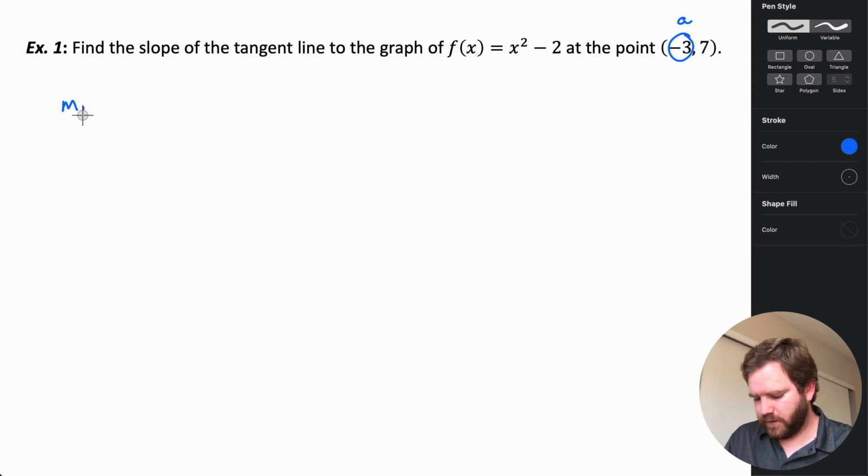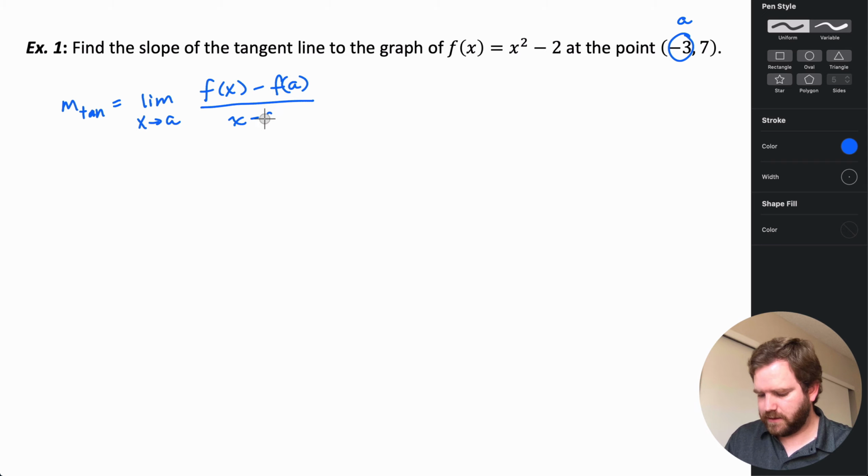The slope of our tangent line is equal to the limit as x approaches a of f of x minus f of a, all divided by x minus a. So let's go ahead and substitute in what we know. We know f of x is this function here.